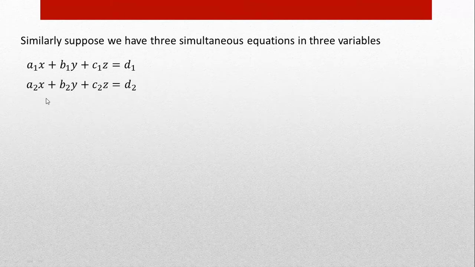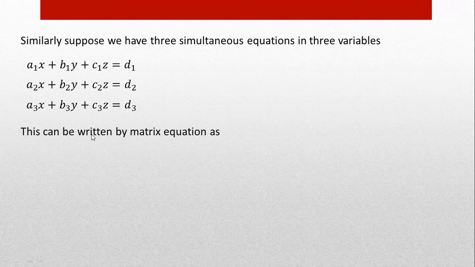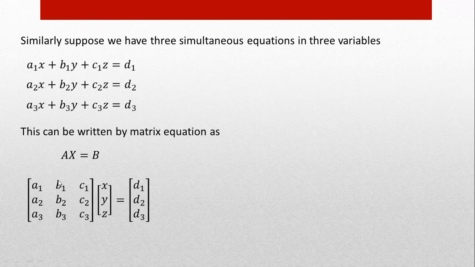Suppose another equation is a2x plus b2y plus c2z is equal to d2, and the third equation is a3x plus b3y plus c3z is equal to d3. So these are three simultaneous linear equations in three variables. Here x, y, z are three unknowns, means three variables. So there are three equations. Now this can also be written as a matrix equation, suppose AX is equal to B, like this.